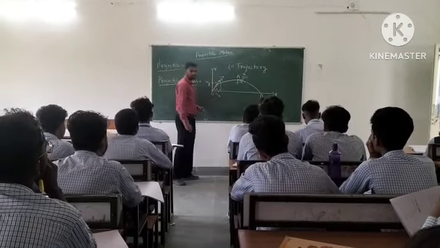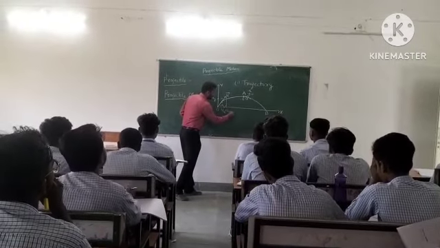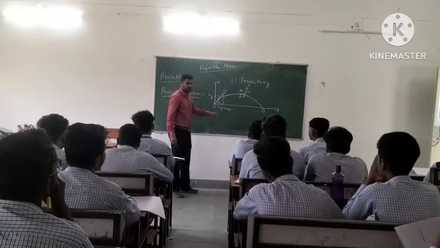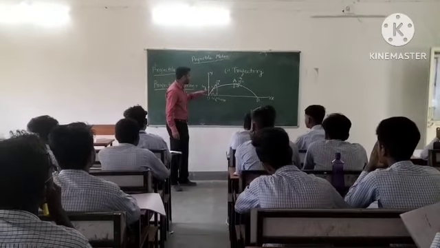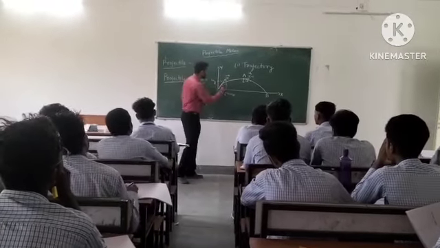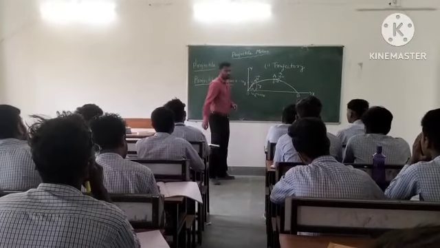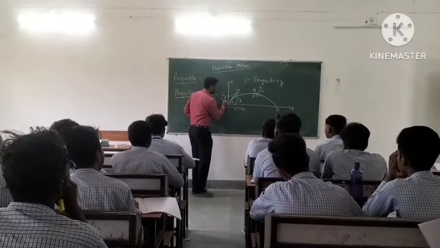This value is u, so cos theta equals ux by u. So ux is u cos theta. Similarly, sin theta is perpendicular by hypotenuse, so this is uy by u.